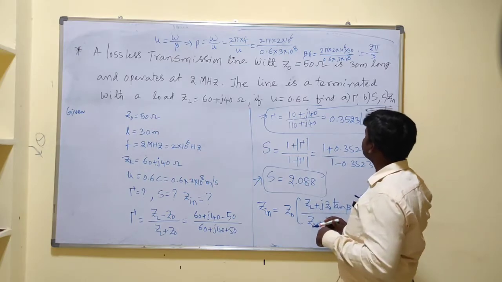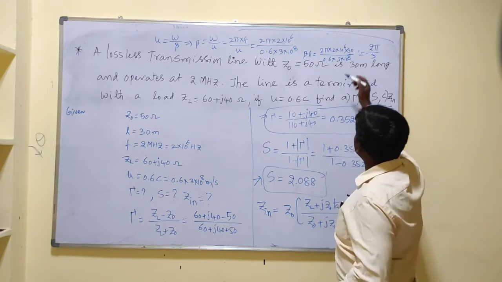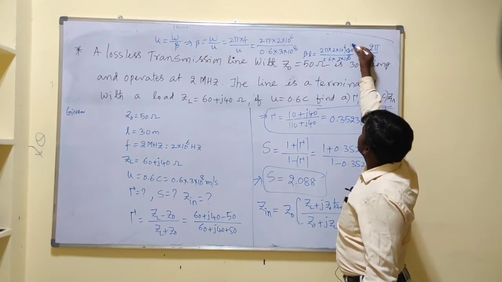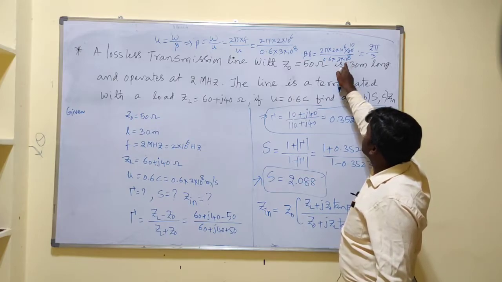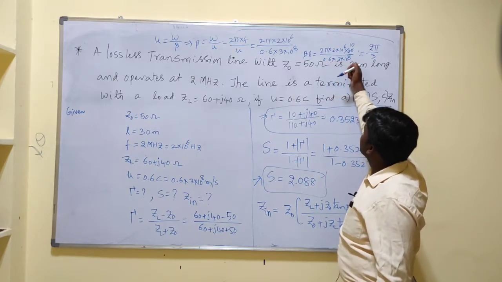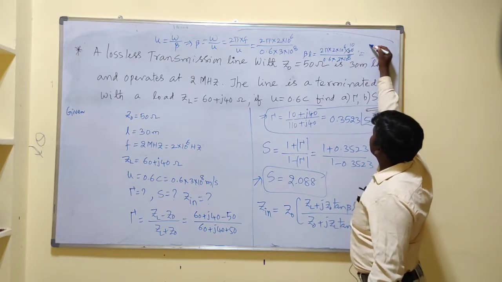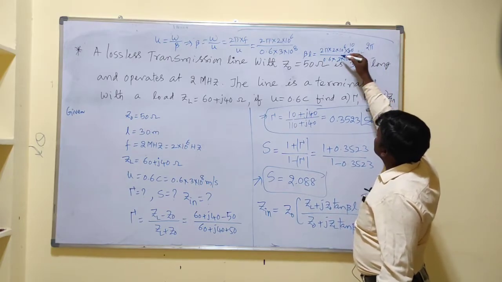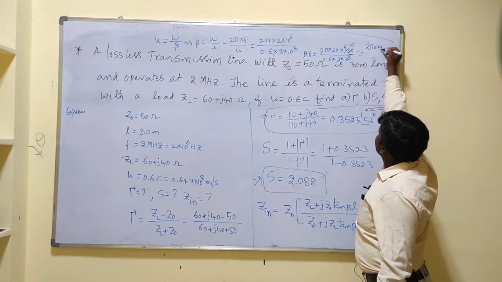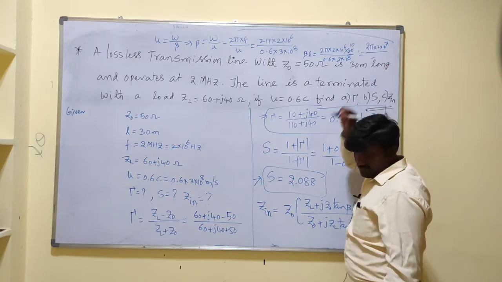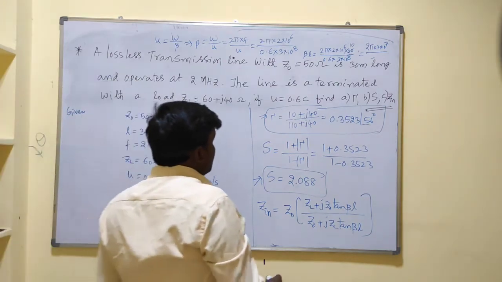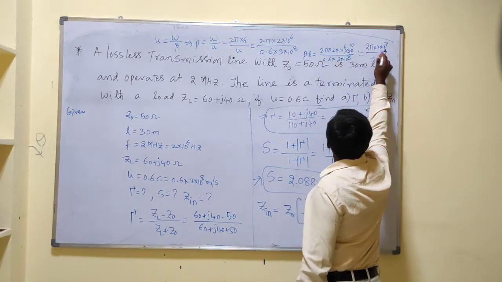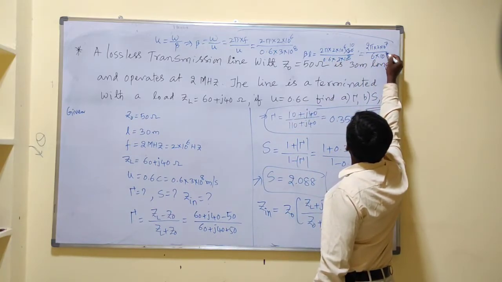Here 3 times 10 gives 10 to the power 7, and this 10 to the power 8 is 6 into 10 to the power 7. So this can be written as 2 pi by 2 into 10 to the power 7 over 6 into 10 to the power 7.